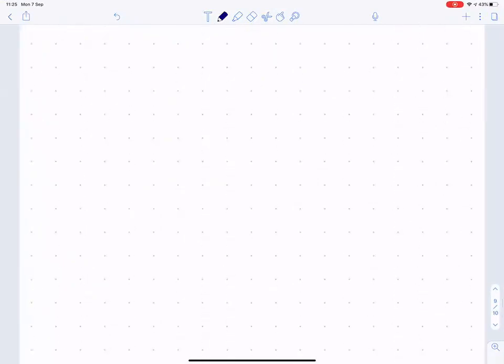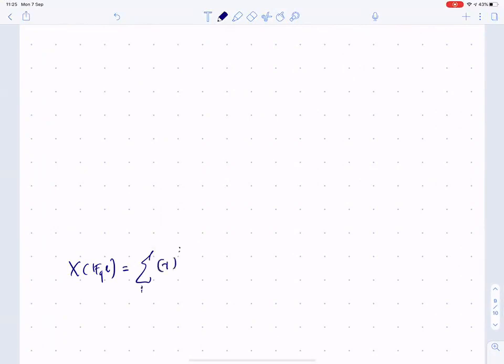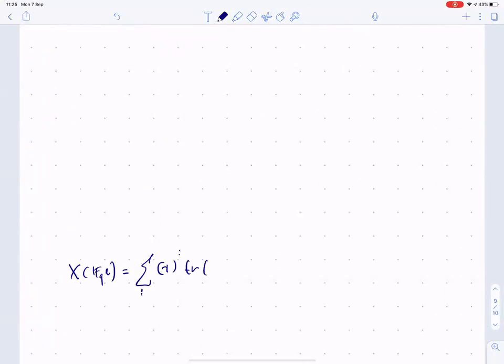Okay. So the Grothendieck-Lefschetz formula tells us that the number of points of X over F_{q^d} is the sum of (-1)^i times the trace of Frobenius on the cohomology with compact support, the l-adic cohomology with compact support.